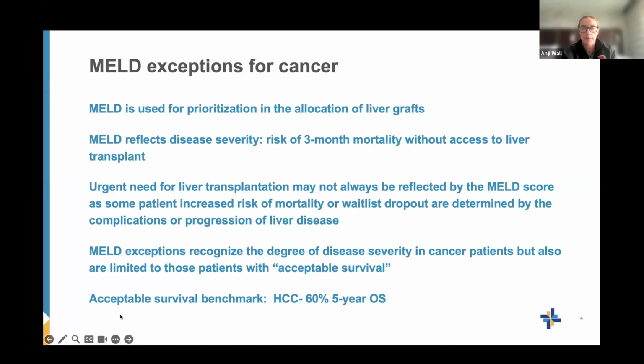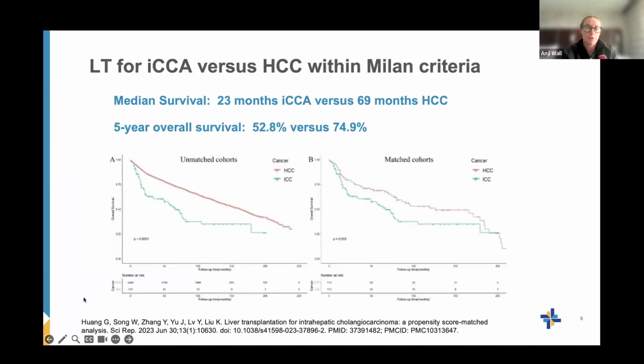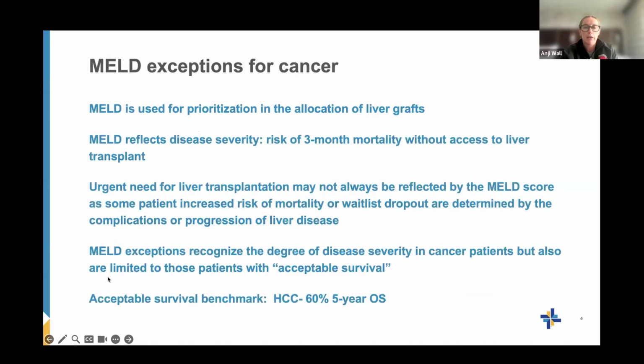So when we think about MELD exception for cancer, it's really important to note that these exceptions are limited to individuals that have acceptable survival. The historic benchmark for acceptable survival for MELD exception in the US was based on hepatocellular carcinoma as the first test case for utilizing standardized MELD exceptions.